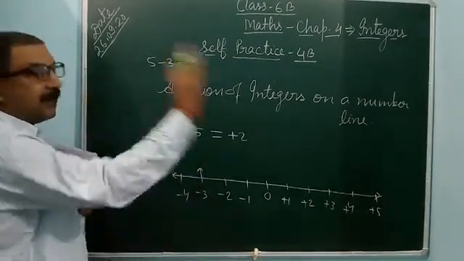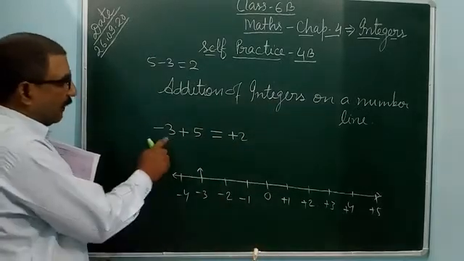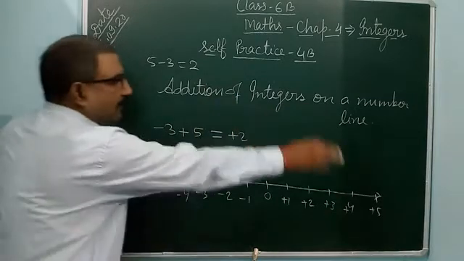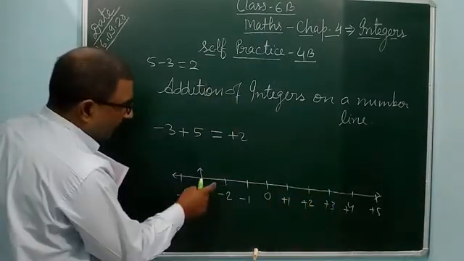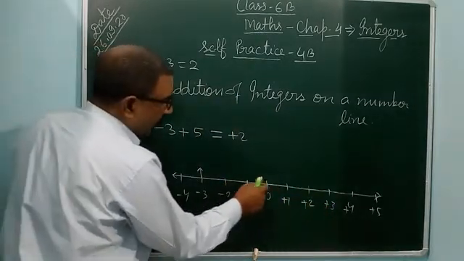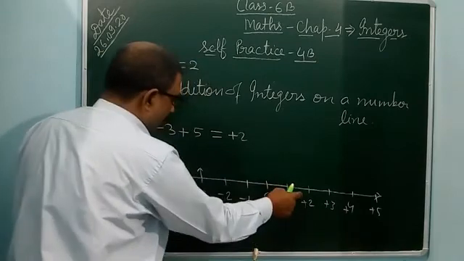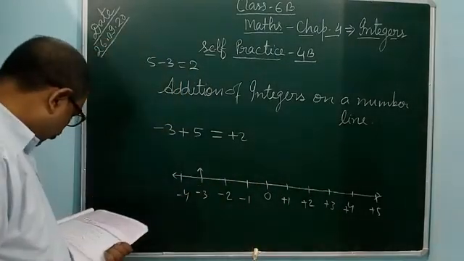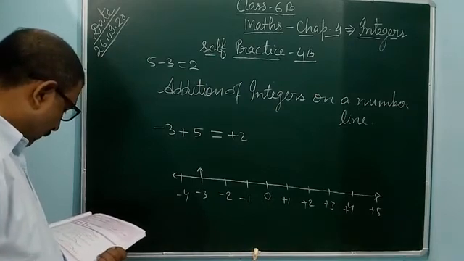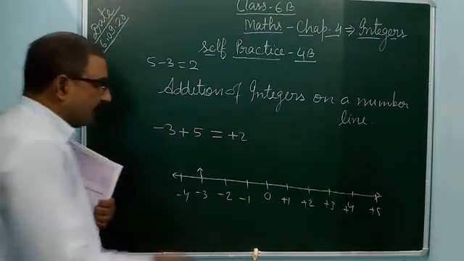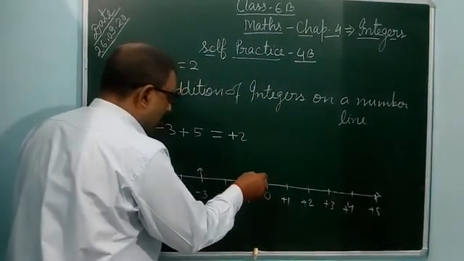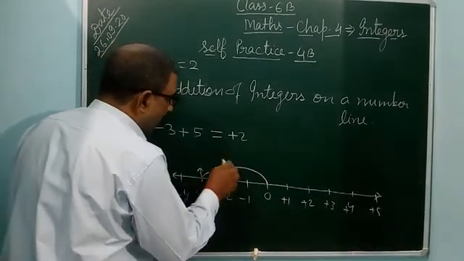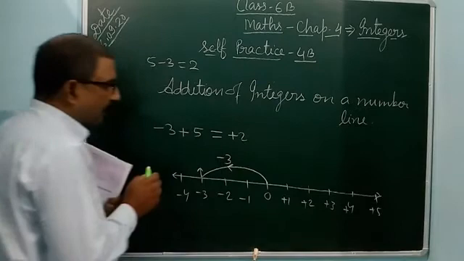Plus 5 means 5 gaps to the right side. Minus 3 is here, and plus 5 means 5 gaps to the right: 1, 2, 3, 4, 5. From 0 to minus 3 is this.